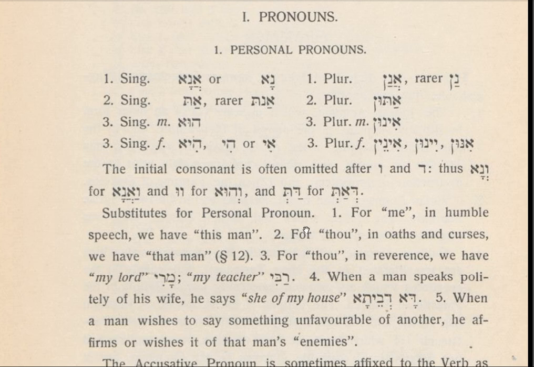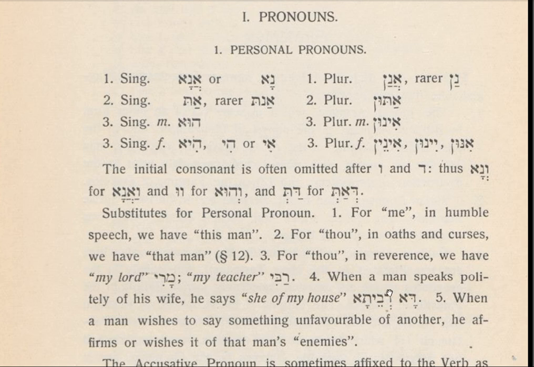Substitutes for personal pronouns. For me, in humble speech, we have this man. For you, in oaths and curses, we have that man. And for you, in reverence, talking to somebody who's a higher status than ourselves, we have my lord, Mari, my teacher, Rabbi.